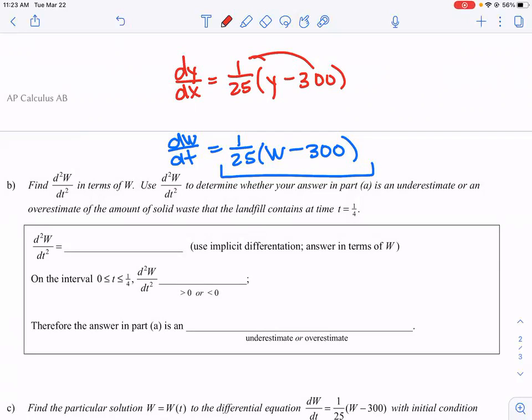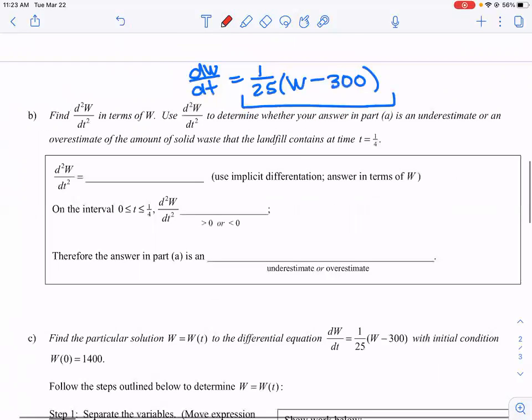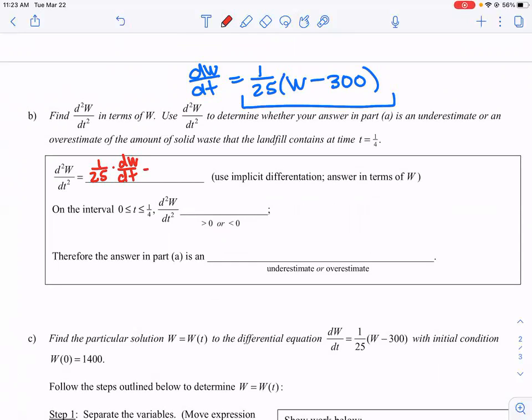But 1/25 times y, that derivative would be 1/25 dy/dx, right? So when we take this derivative, we're going to have 1/25, not dy/dx, dW/dt. Okay. So we have 1/25 times 1/25 (W minus 300).